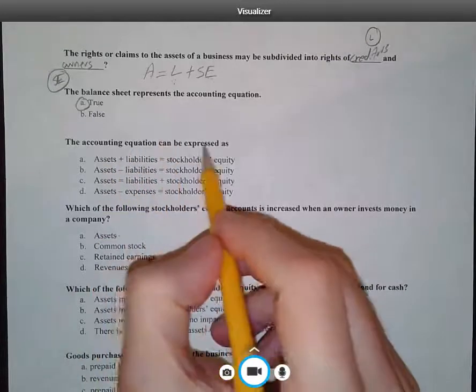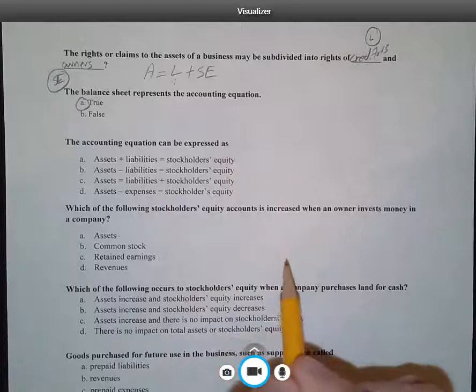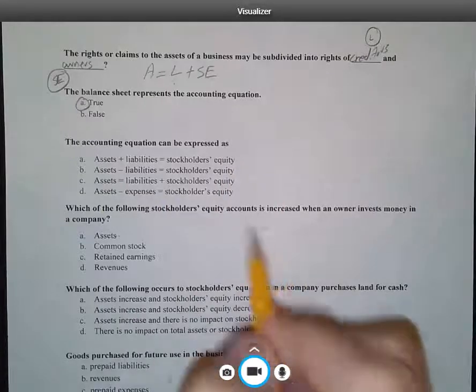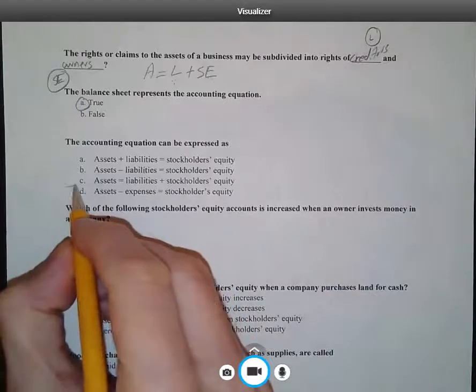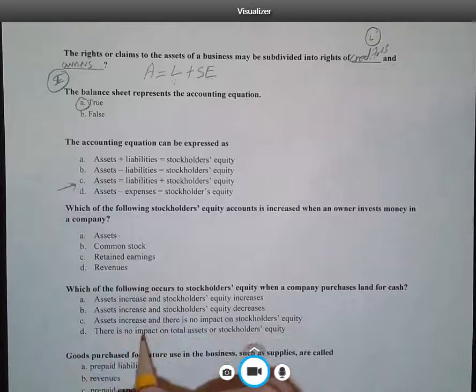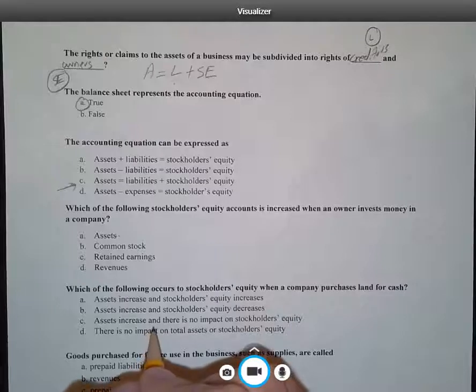The accounting equation can be expressed as, and we have four choices. Now, I want to tell you that choice C here, let's put a little arrow there, is really correct because that is the accounting equation. But I think the spirit of this question is asking, how can the accounting equation be rewritten?